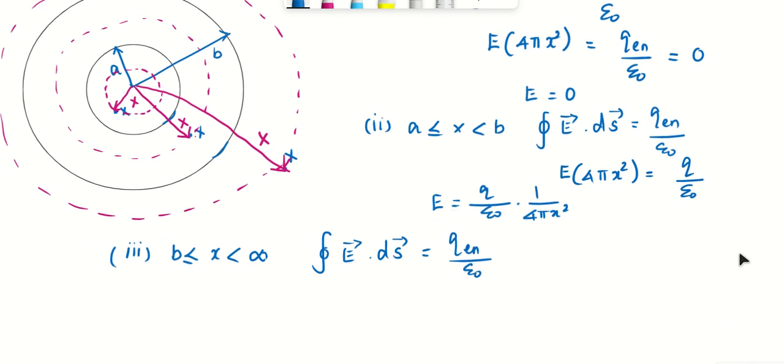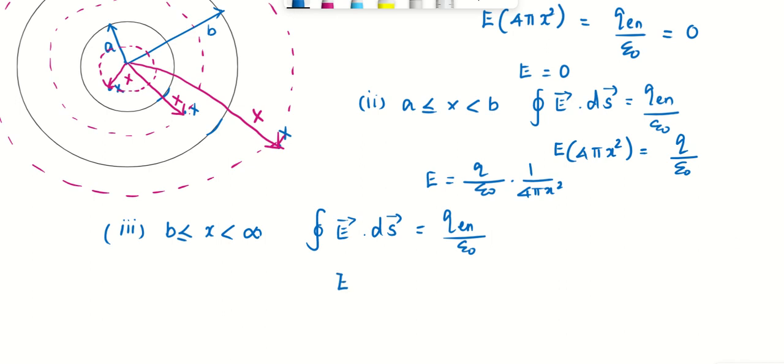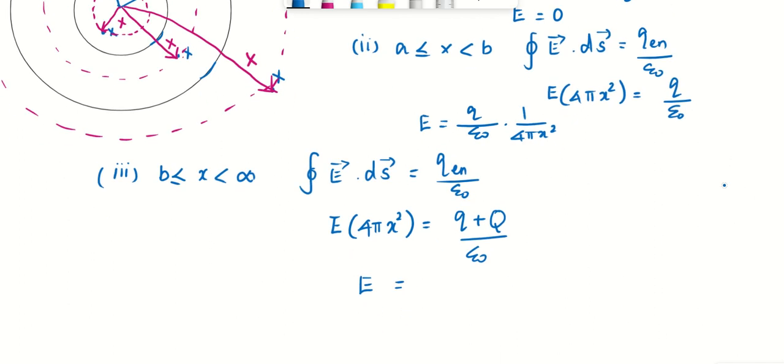Here E dot dS gives E times 4 pi x squared. The q enclosed is the charge q on the inner shell plus the charge Q on the outer shell, q plus Q, divided by epsilon 0. So E will become q plus Q divided by epsilon naught times 1 by 4 pi x squared. That's all. Thank you.